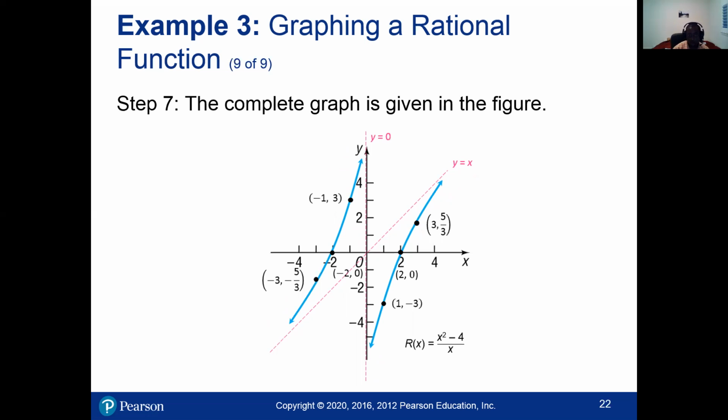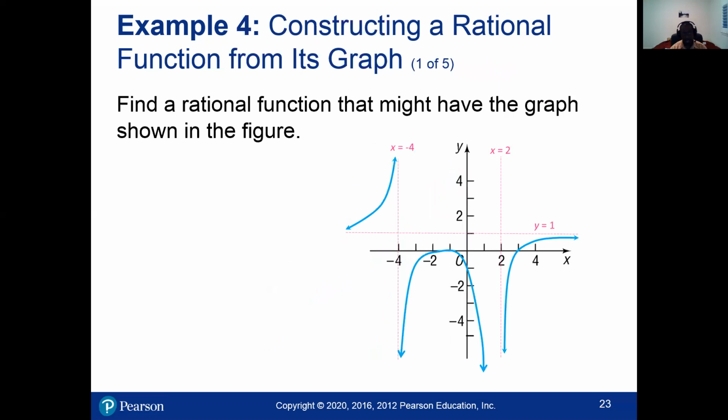It has all the properties we found: the line x equal to 0, the oblique asymptote, and the points, and we join them. So this is the graph for the rational function r of x is equal to x squared minus 4 over x.